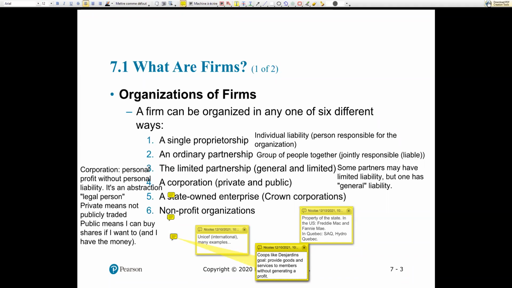So when they do generate a profit, it's paid back to the members. So yeah, I don't know where it would fit exactly in this, but I wouldn't say it's a corporation. It's sort of a non-profit organization, I guess, but non-profit organizations have many different sorts of goals. Here the goal is really to provide services. So it's an alternative to banks, for instance.